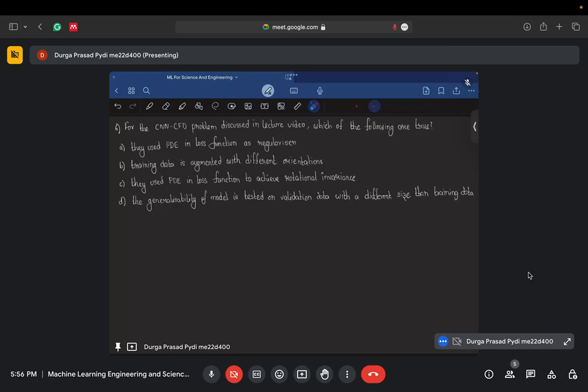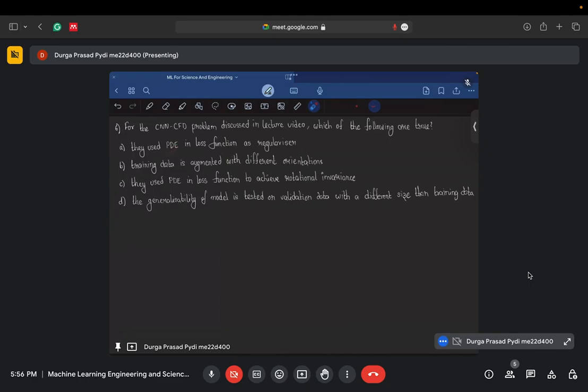Okay, the last question I have refers to the problem that is discussed in the lecture videos. Have you gone through the paper or have you gone through the lecture? I assume that you have already gone through the lecture, so you should be able to answer these questions. First, in the loss function, did they use any PDE?